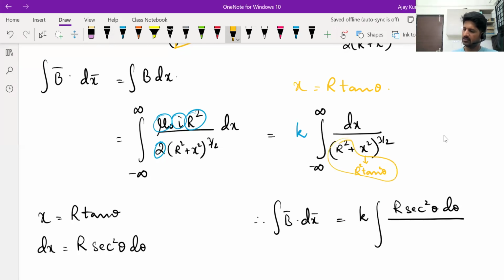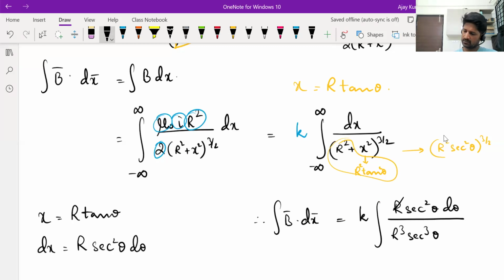In the denominator, you can take r square common and you will be left with 1 plus tan square theta. What is 1 plus tan square theta? Secant square theta. So the denominator effectively becomes (r square secant square theta) whole power 3 by 2. That is nothing but r cube secant cube theta.